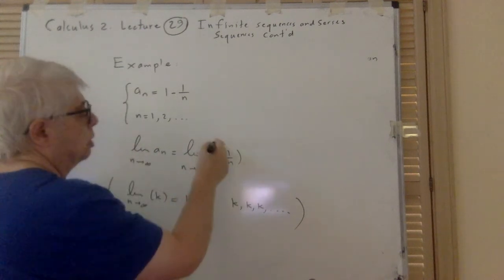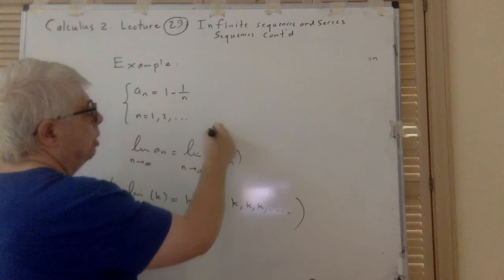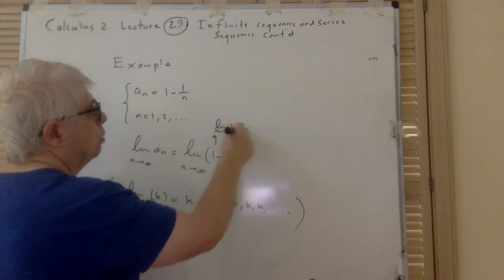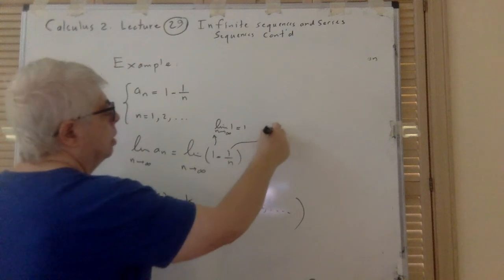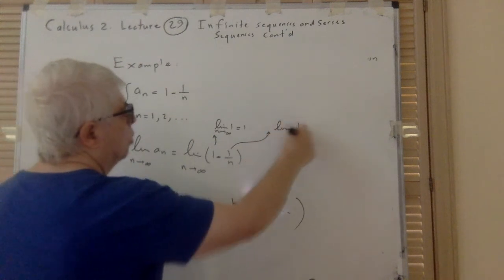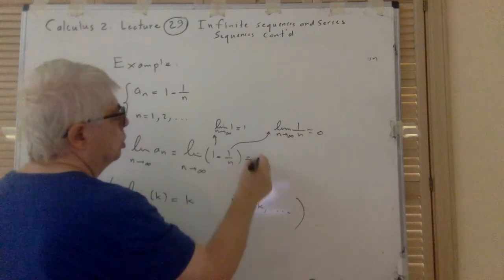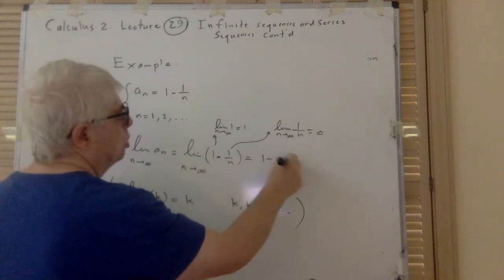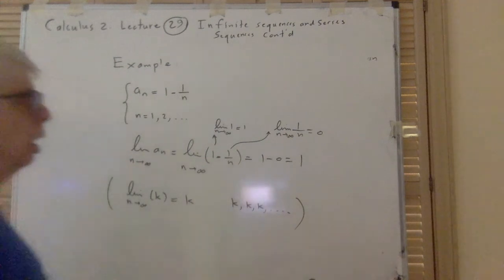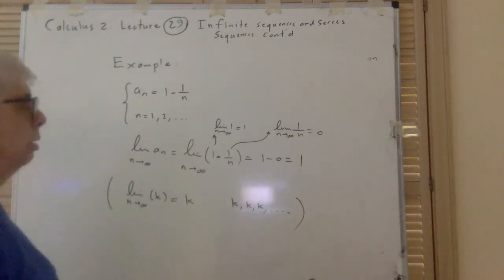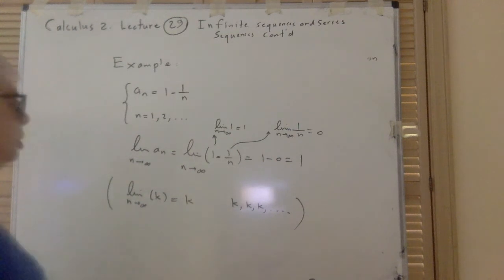The limit of 1 as n goes to infinity is 1, and the limit of 1 over n as n goes to infinity is 0. So this is in fact 1 minus 0, which is 1. Okay, so that's in fact using property number 1.